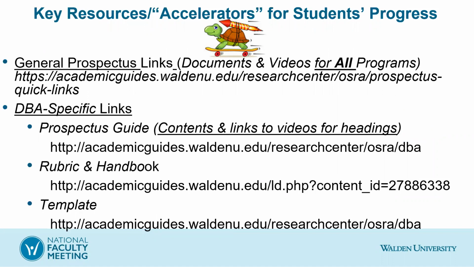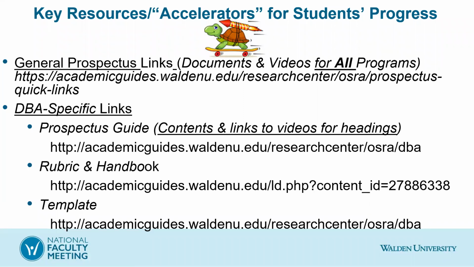All right. Key resources or accelerators that we found useful for all programs. For all programs, there's a very useful link that contains both documents and videos. And then for the DBA-specific links, you'll see the specific key resources that we use.